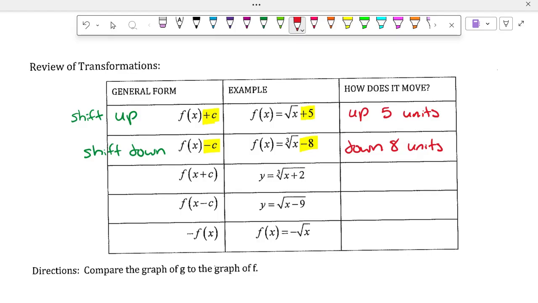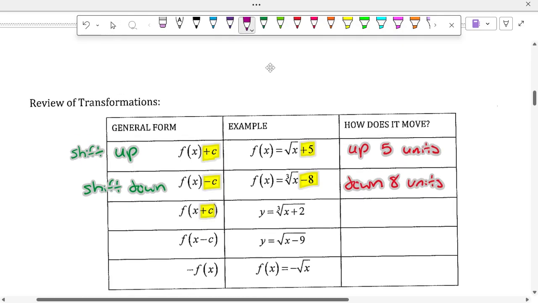Now, what about if it is inside the bracket, so it's under the radical? Think about this carefully. My suggestion is to think about vertex form. Not right. It's actually left.